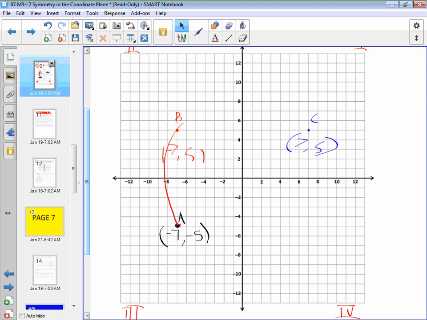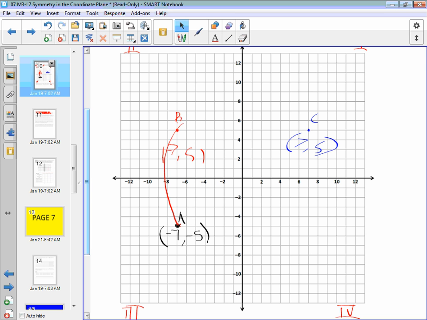Looks good. No matter what, when you reflect, it has to be the same distance from y and the same distance from x. So is it good? Looks good to me. 5 units from the y-axis. 1, 2, 3, 4, no, 7. I mean 1, 2, 3, 4, 5, 6, 7 from y. 1, 2, 3, 4, 5 from x.